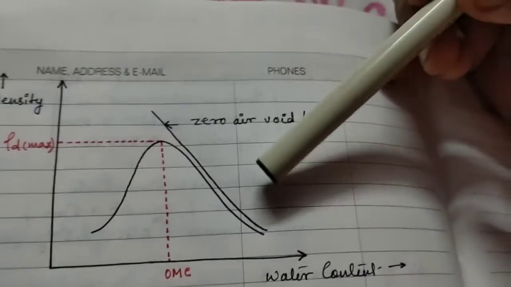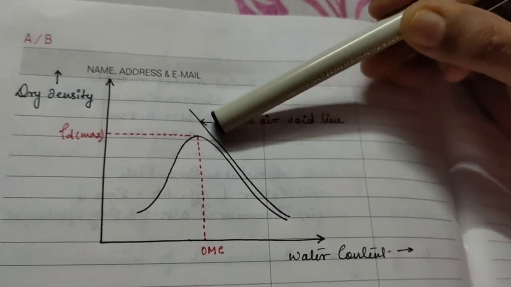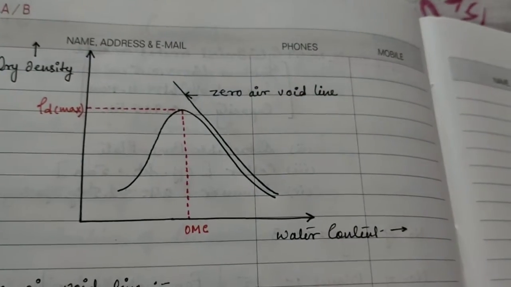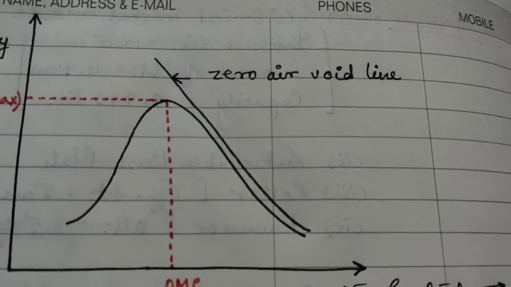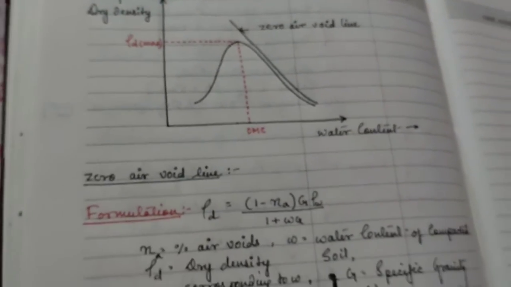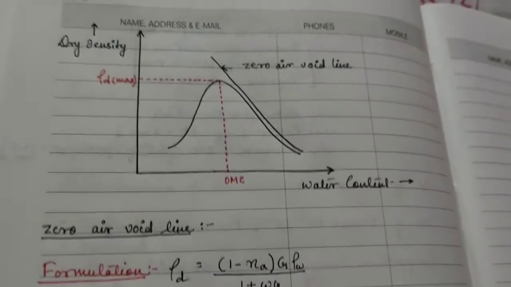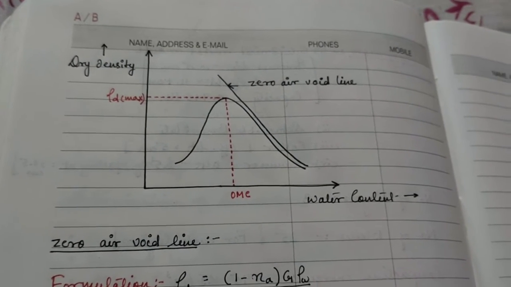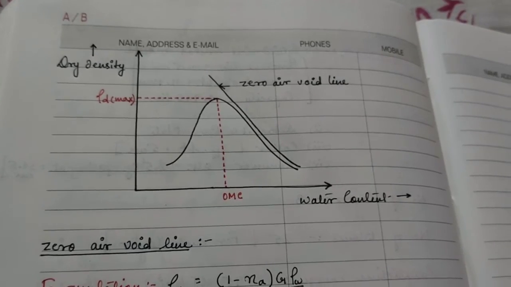As we can see in the graph, there is a line going parallel to the wet side of the optimum curve. This line is known as the zero air void line. So, what is the zero air void line? This line mainly shows the water content and dry density relationship for any kind of compacted soil containing a constant percentage of air void. So this is also known as the air void line. And how can this relationship be established?